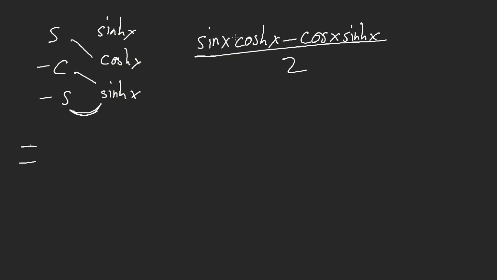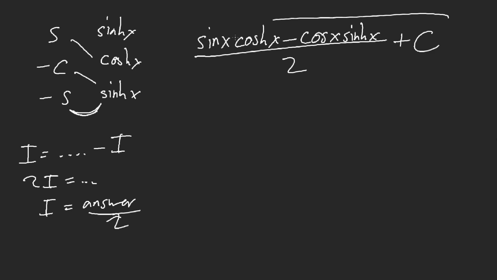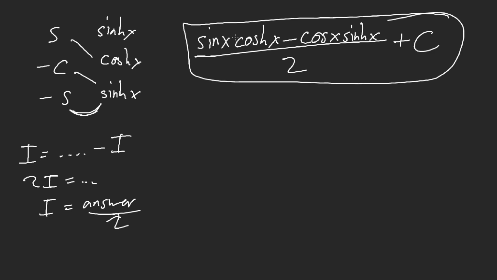So it's pretty much I equals whatever we had, and then minus I. So I did 2I, and then my answer I divided by 2, which is what this is. Okay, so that's how I quickly integrated that.